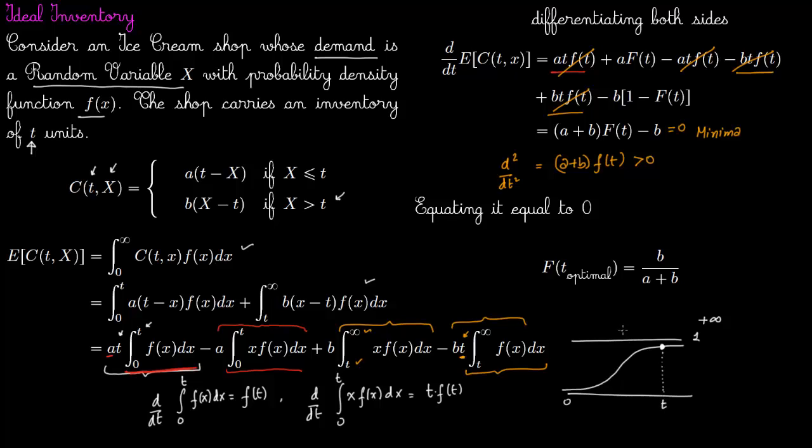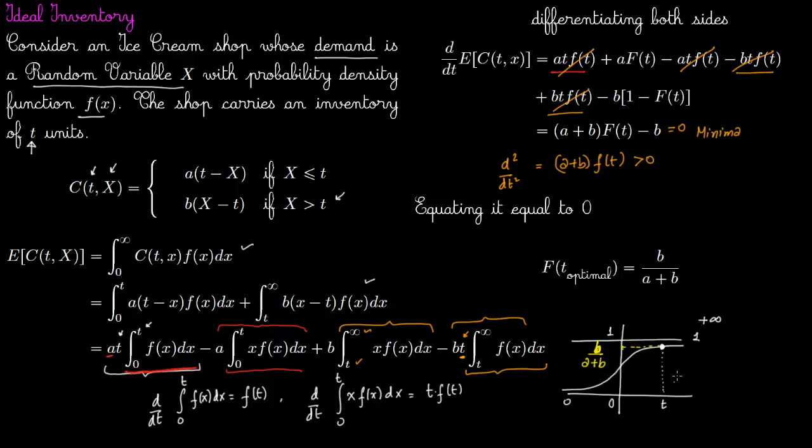So say this is the axis, you have 0 here and you have 1 here, and say this is the value t at which you have b over a plus b.